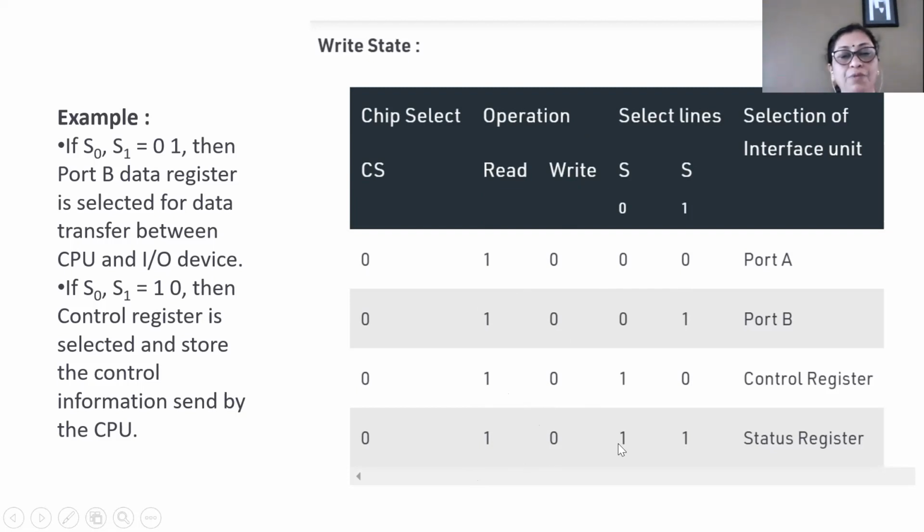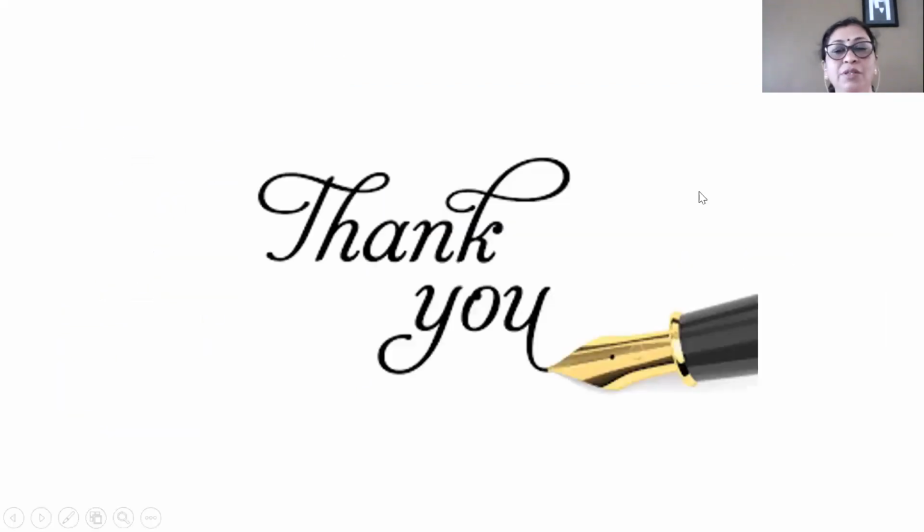So remember that the CPU can write to the control register and read from the status register. The control register cannot be read, and the status register cannot be written. Port A register and port B register can both be written or read.